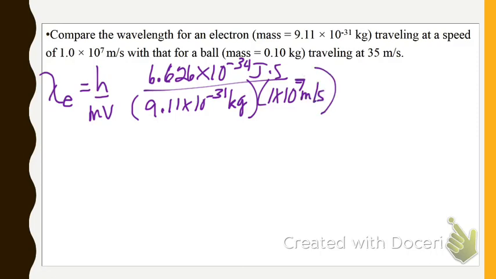Sorry, my pen, it's just a 7. And then we do that calculation, and we get 7.27 times 10 to the negative 11 meters.